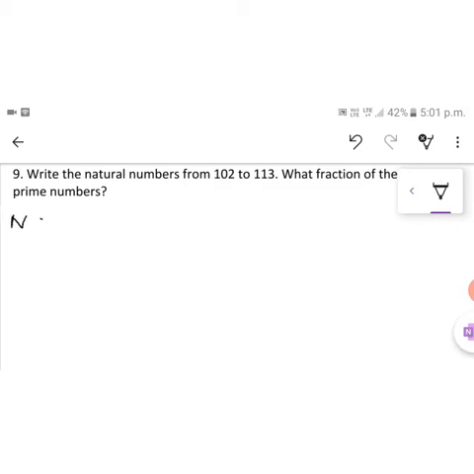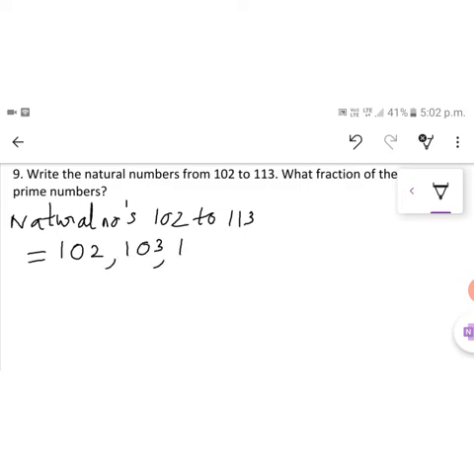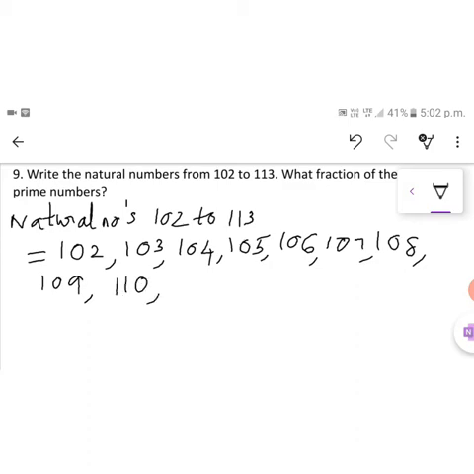Natural numbers from 102 to 113 equal to 102, 103, 104, 105, 106, 107, 108, 109, 110, 111, 112, 113.